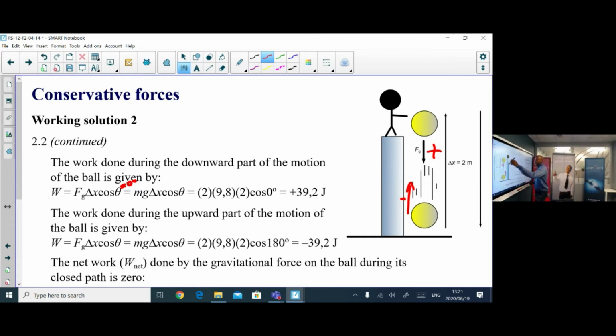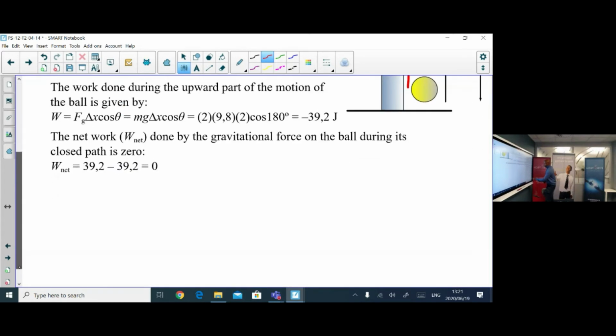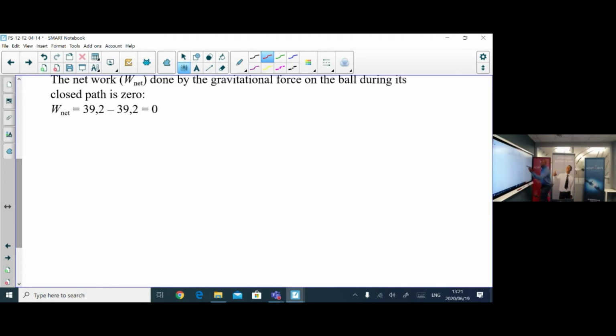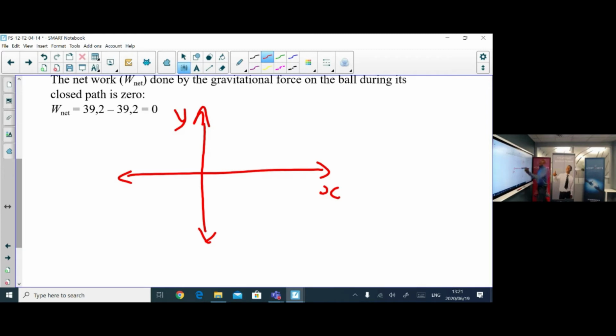Remember, if you go down, let me just show you something. In the Cartesian plane, I just want to show you something. Okay, if we have this Cartesian plane here, that is x and y. All right, if we can just look at that, this is the origin. If we are going towards the right, this is positive.